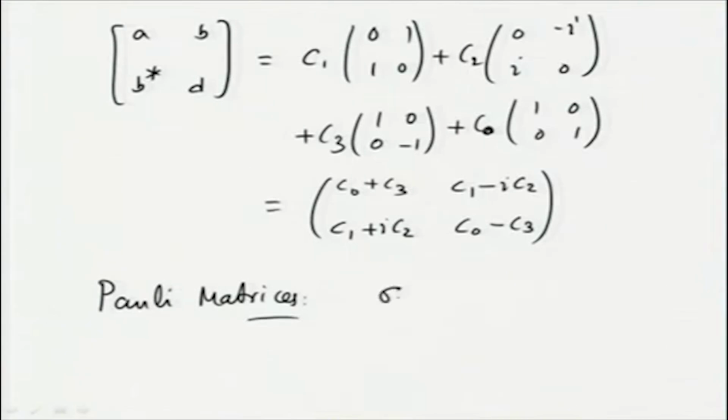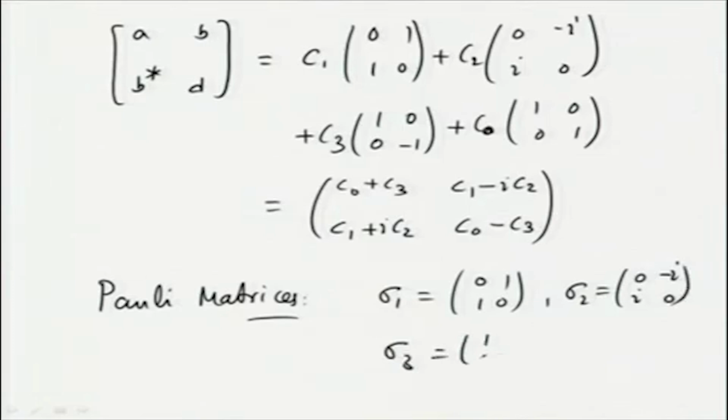Pauli matrices: sigma 1 is 0 1 1 0 off diagonal, sigma 2 is 0 minus I, I 0 off diagonal, sigma 3 is diagonal 1, minus 1. So, the Pauli matrices along with the 2 by 2 unit matrix are enough to describe any arbitrary Hermitian matrix of dimension 2 by 2.